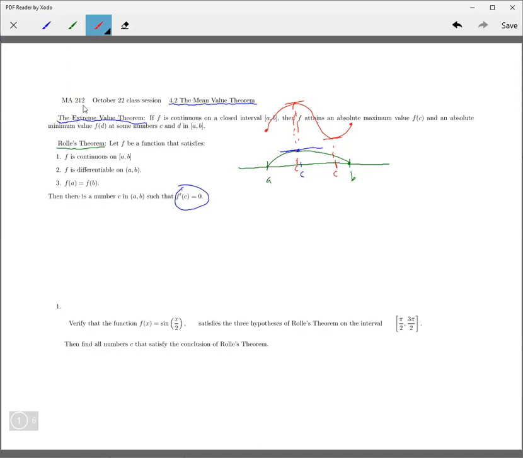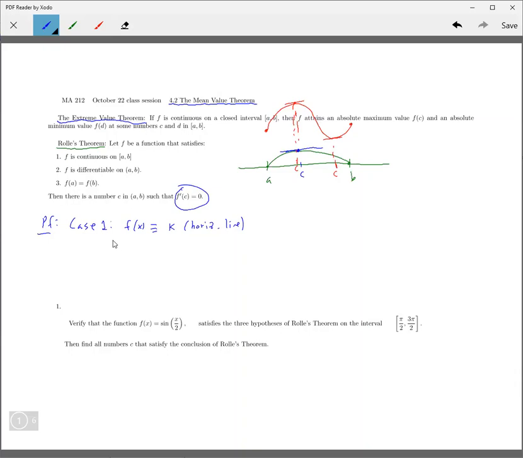Okay, so part of the proof involves the extreme value theorem. Let me just give you an idea. That's just the gist of the proof. So it goes something like this. First of all, you consider case 1, where f of x is just a constant. It's just going to be a horizontal line, right?